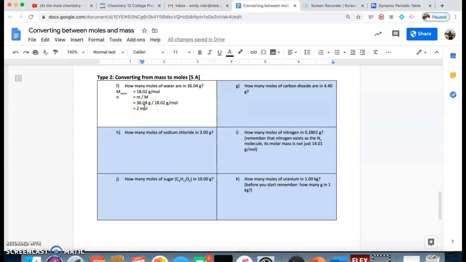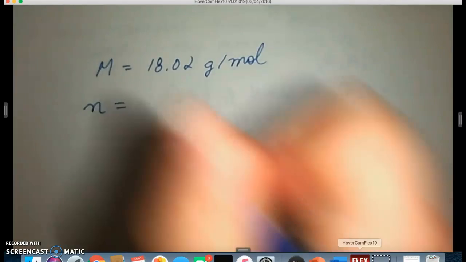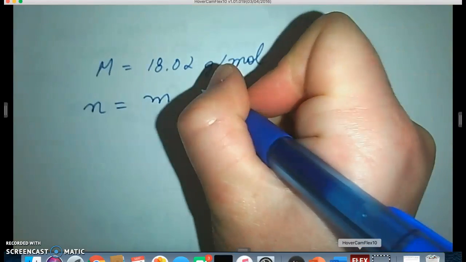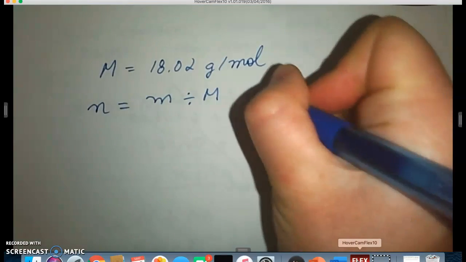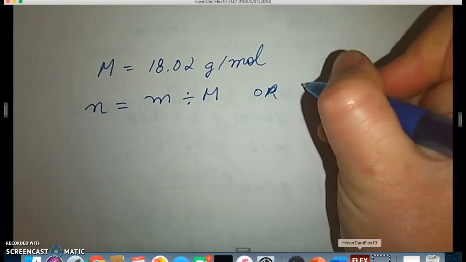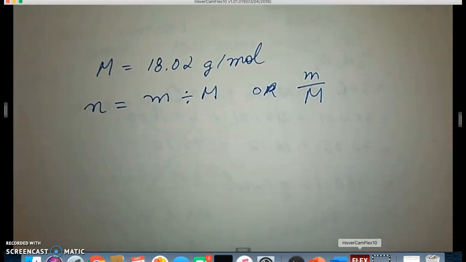I'll just show you one more time how you could write that out on paper. So I'll flip back to my document camera here. So I know my molar mass is 18.02 because I'm dealing with water. I want to calculate a number of moles. To get that, I do mass, and then you can write it as divided by, like that, or you might want to write it as mass over molar mass, like that.